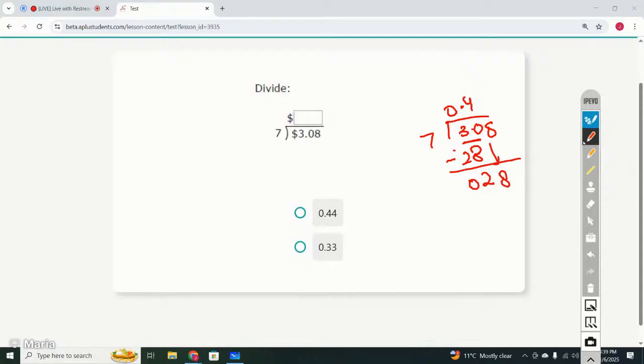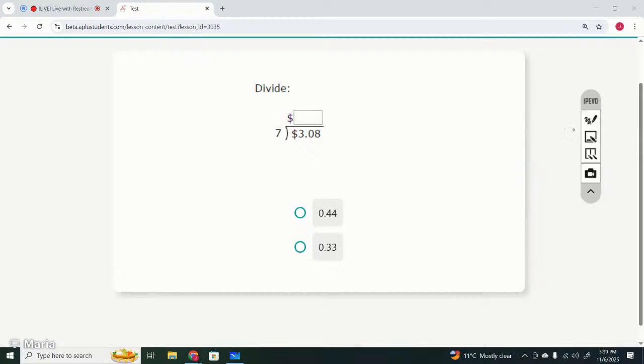Bring the 8 down. 7 times 4 is 28. So that is 0.44. The correct option is 0.44. Option number 1 is the correct option.